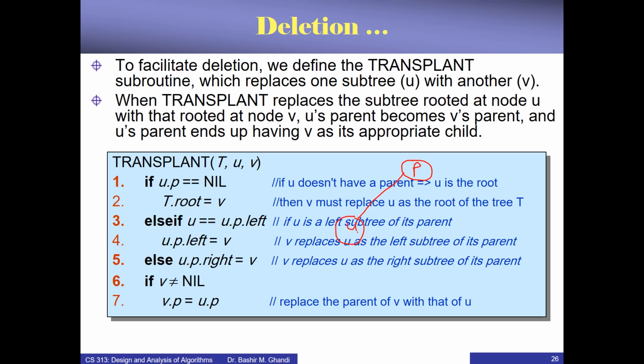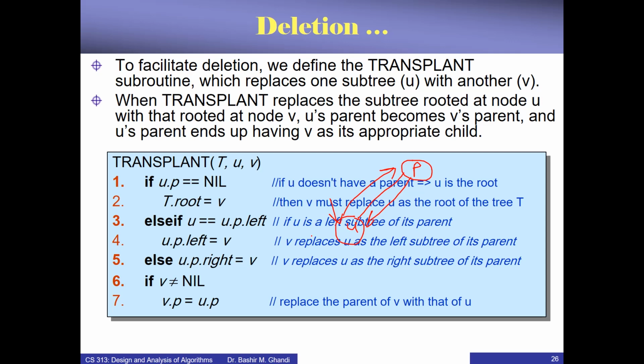Okay, so U dot P is here. So U dot P dot left, if it comes back to U, it means U is a left child of its parent. If that is equal to U, okay, this is a reference to U, so it means U is a left child of its parent.